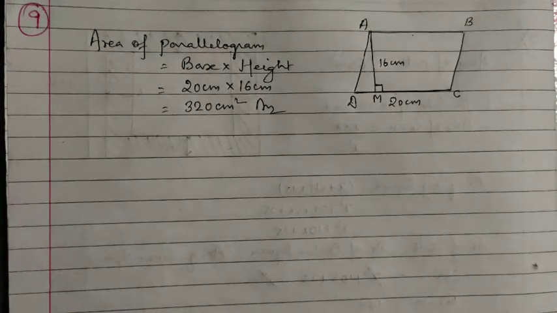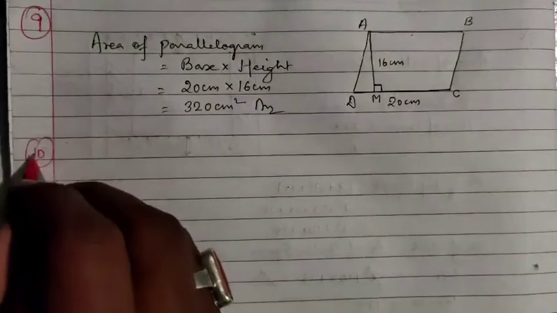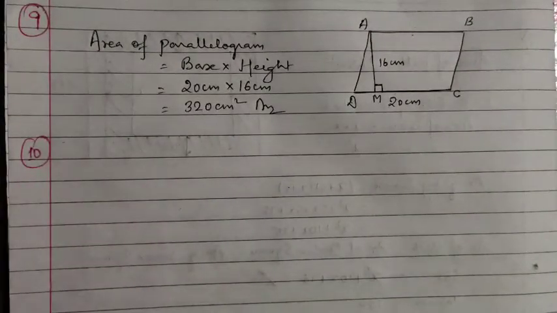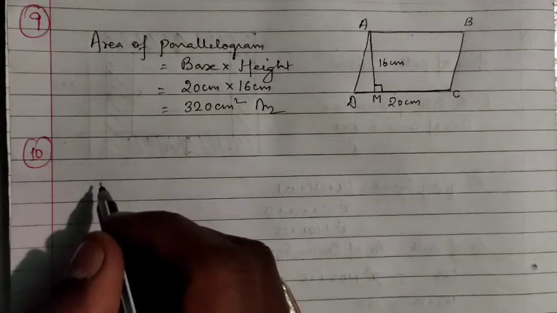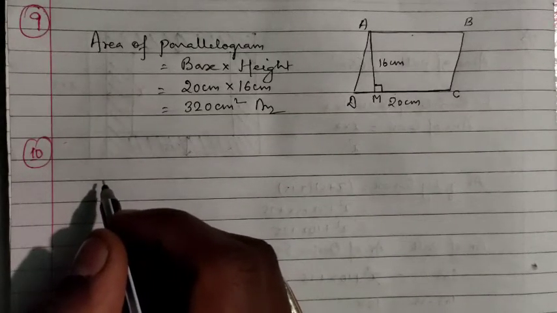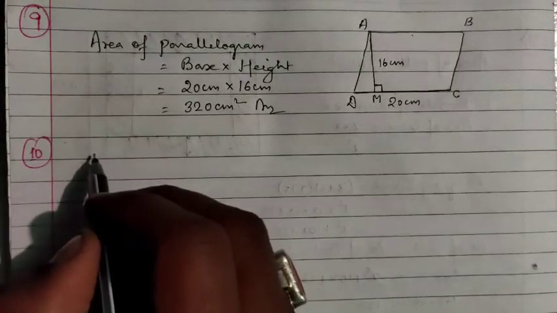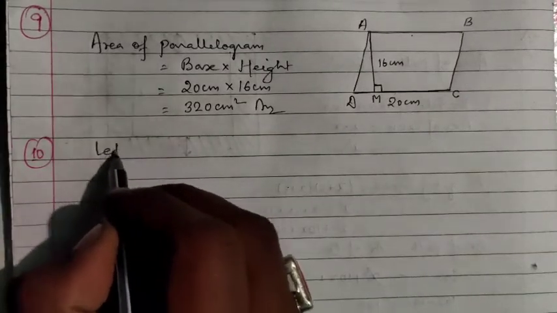Question number 10 is a similar question related to parallelogram. Question number 10 is saying the base of a parallelogram is thrice its height. Thrice means 3 times. The base of a parallelogram is thrice its height. It means base is 3 times the height. The shorter one is height. We will assume the shorter one.